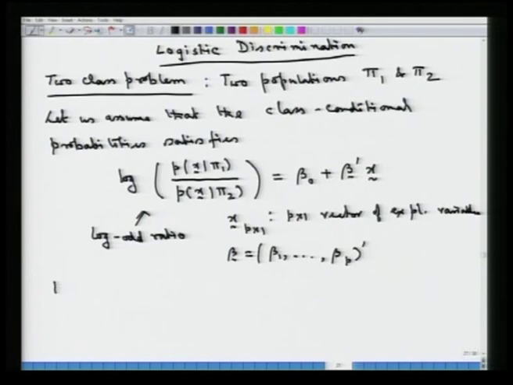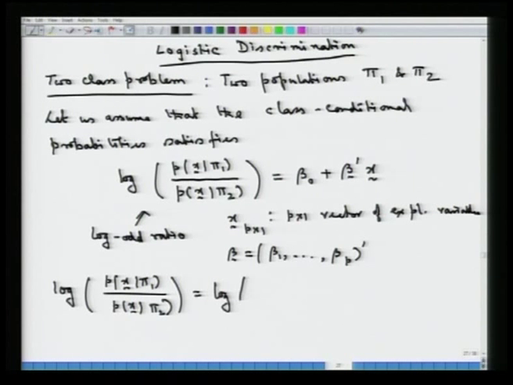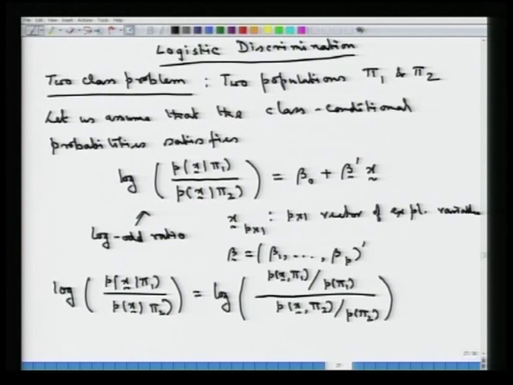Now, let us look at this log odds ratio and see what we get from it. It is the log of the density of x given pi 1, divided by p of x given pi 2. If we write the numerator and the denominator, this can be written as the joint density of x and pi 1 divided by p pi 1, which is the prior probability of the first population, divided by the joint density of x and pi 2 divided by p pi 2, the prior probability of the second population.